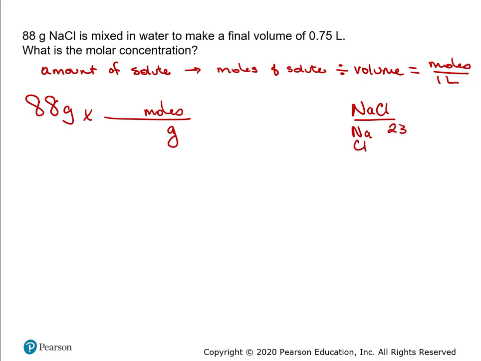The chlorine we said is 35. So I'm just going to add those together. So that's 58 grams is equal to 1 mole. So that's what I'm going to use to convert. So I put 58 on the bottom. Moles gets the 1. Because there's 58 grams per 1 mole.